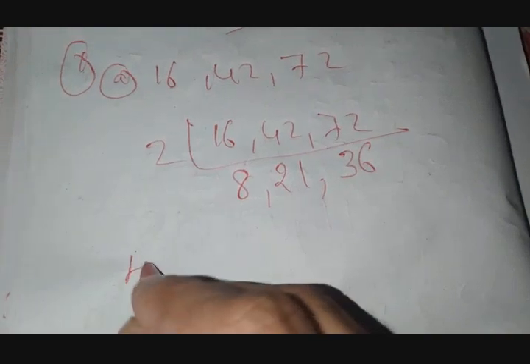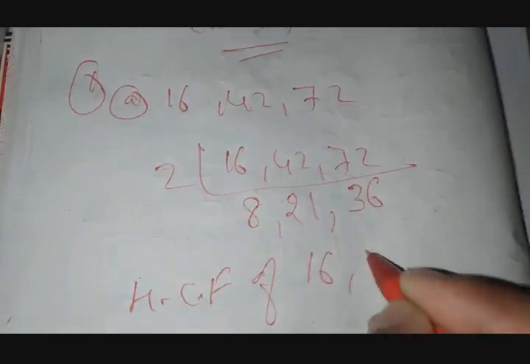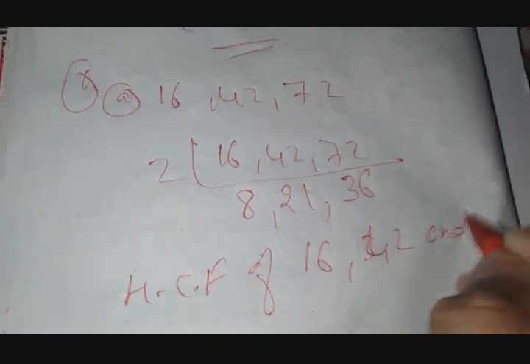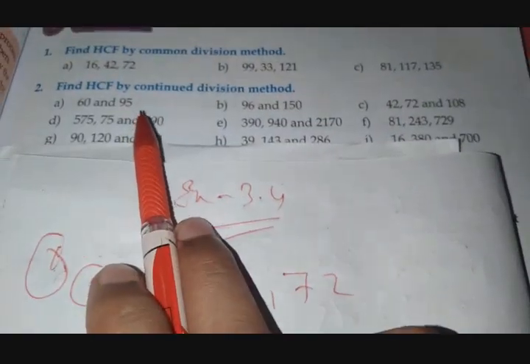So our HCF of 16, 42 and 72 is 2. Okay. Next we will find the HCF by the continuous division method.